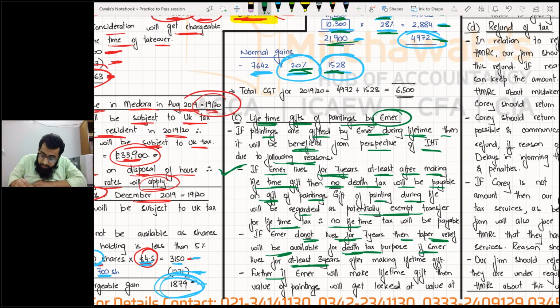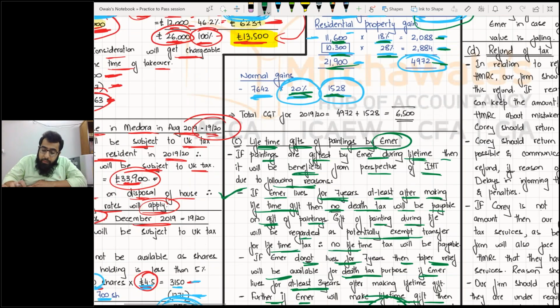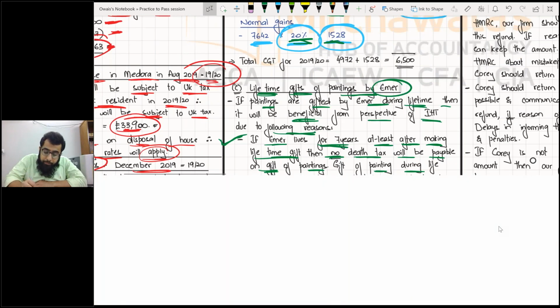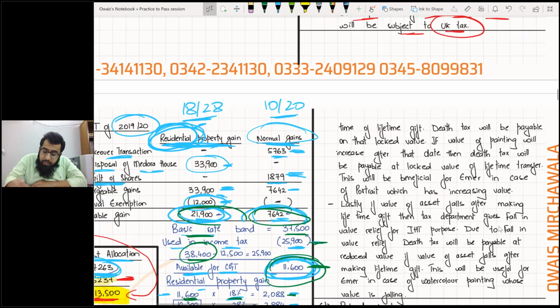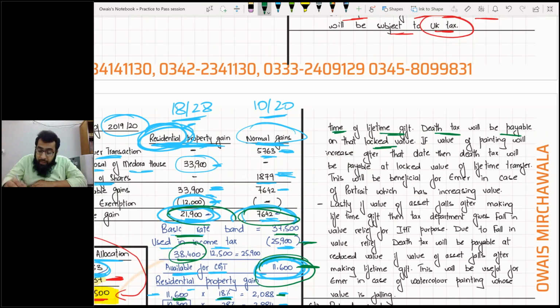Further, if Emma makes lifetime gifts, then the value of paintings will get locked at the value at the time of the lifetime gifts. Death tax will be payable on that locked value. If the value of the painting increases after that date, death tax will still be payable at the locked value.